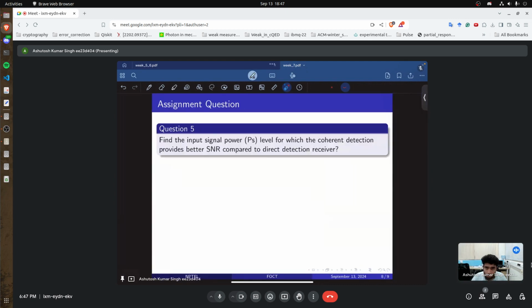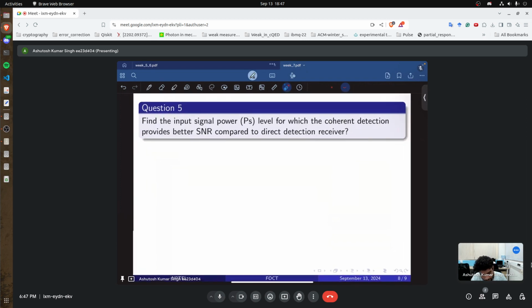Now let's look at the fifth question. The fifth question is: find the input signal power PS level for which the coherent detection provides better SNR compared to the direct detection.